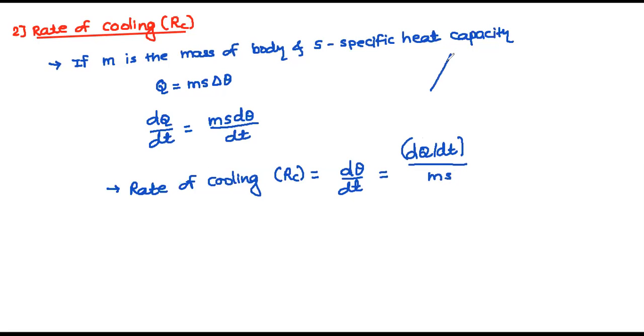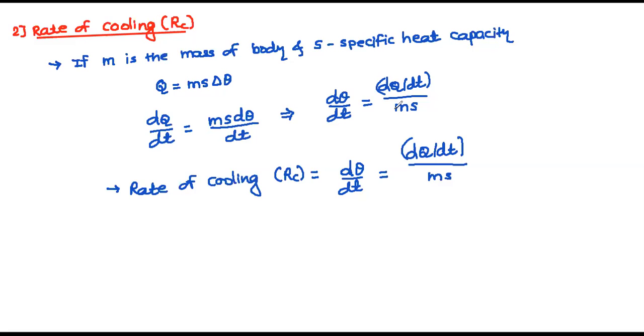If you want, you can take one step here also. Choice is yours. That implies d theta by dt is equal to dQ by dt divided by m into s, that is mass into specific heat capacity. Clear?